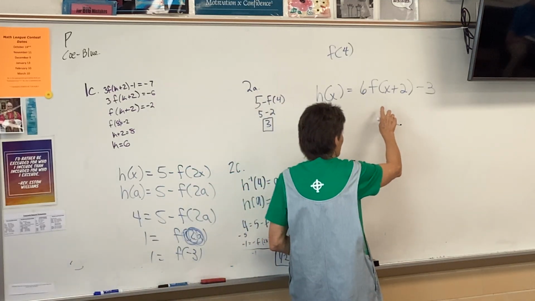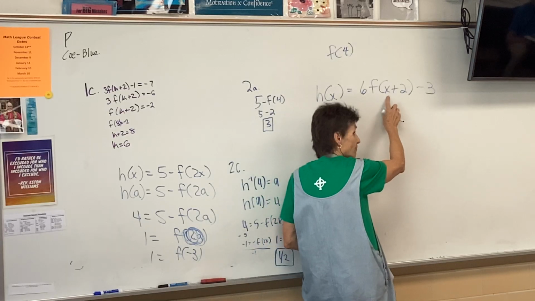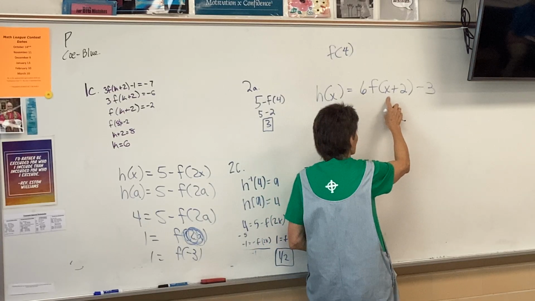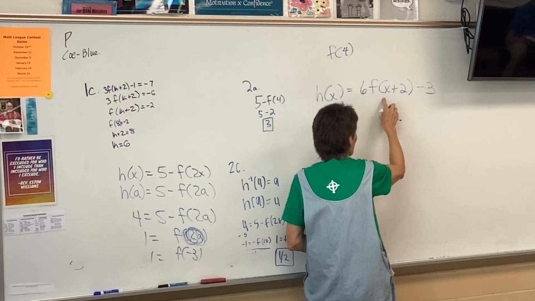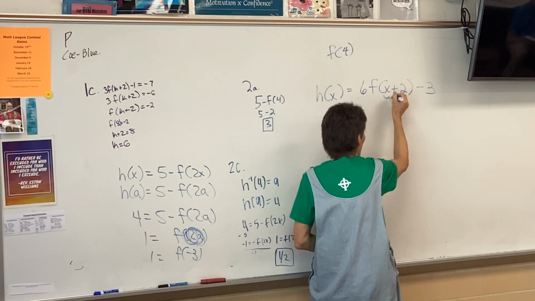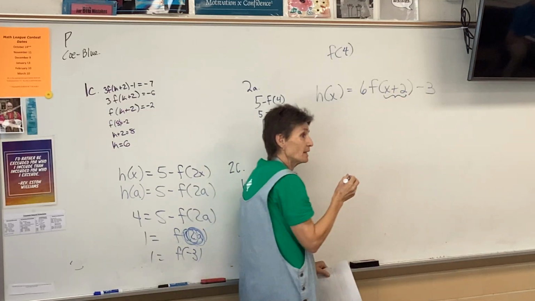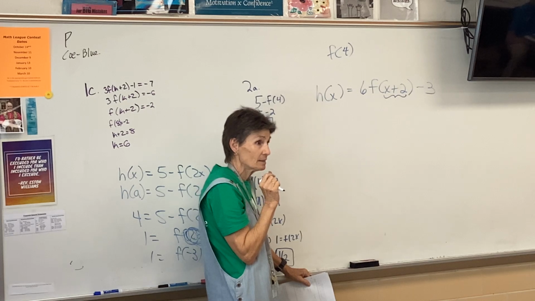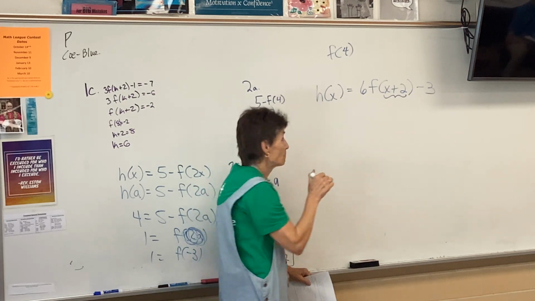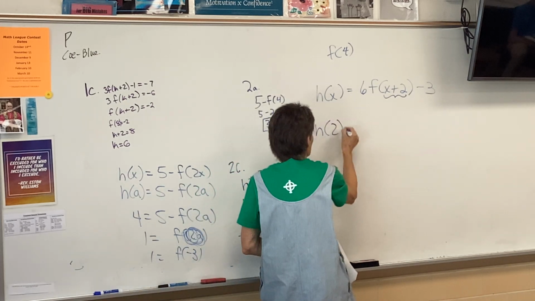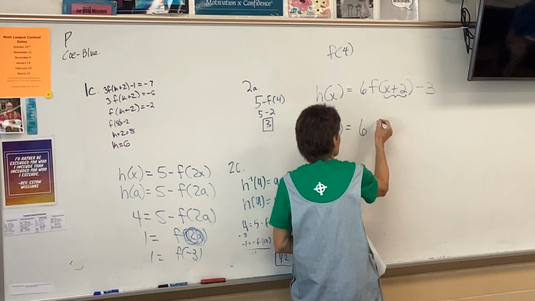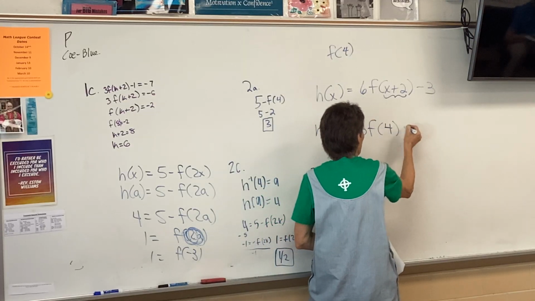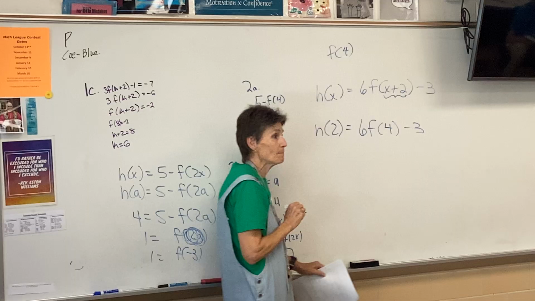My job is to find f of 4. That's what I want to do. If I want to find f of 4, then I'm going to have to let x be 2. So h of 2 will be 6 f of 4 minus 3. Would you agree with that?